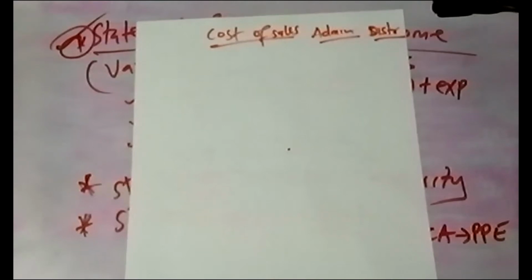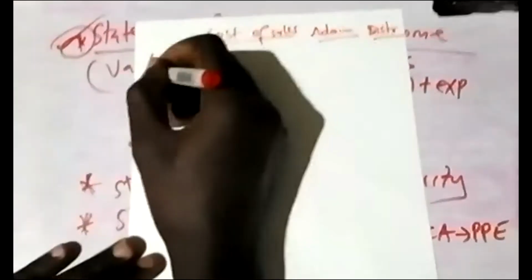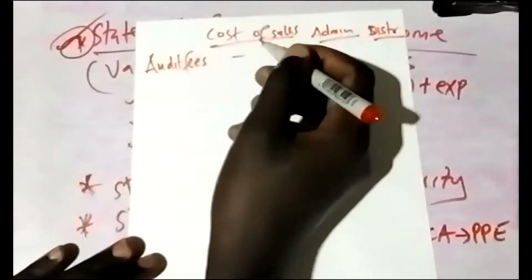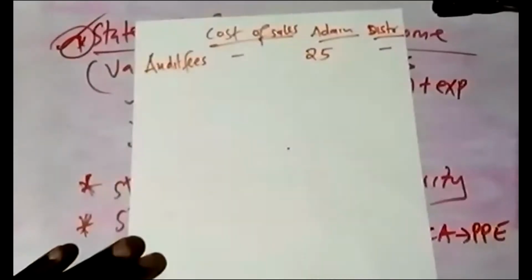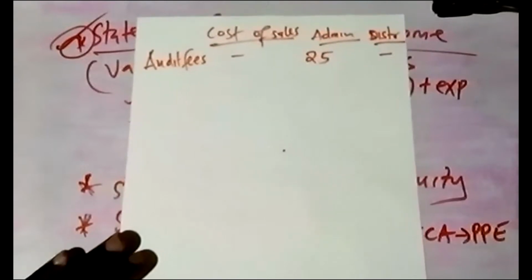We go to note 8, where we have the audit fees of 25. Remember that this one is an admin related item.